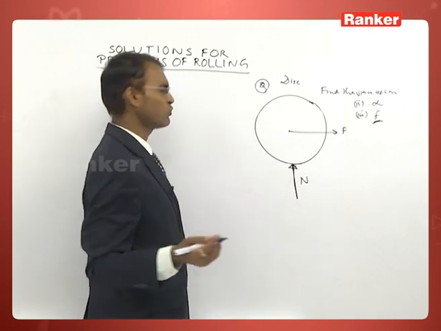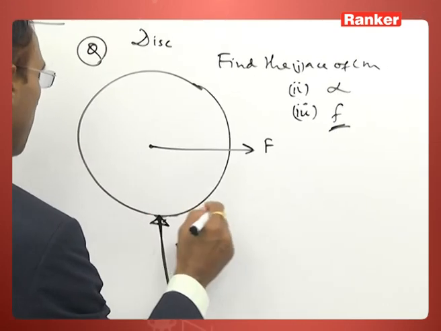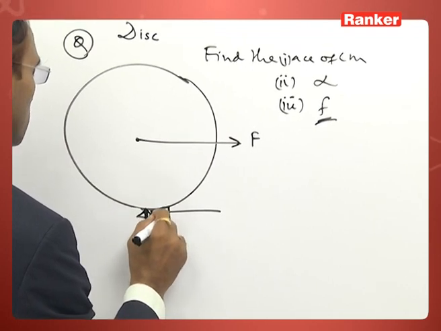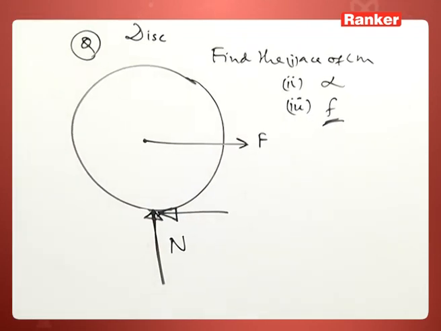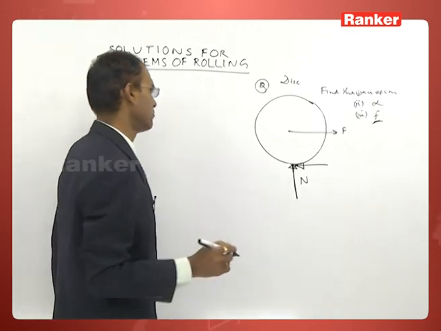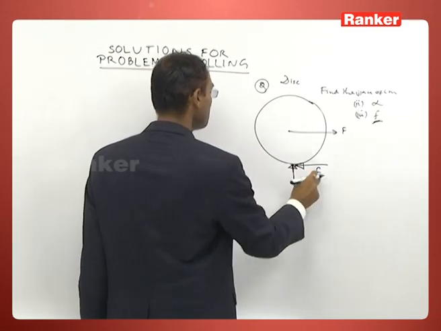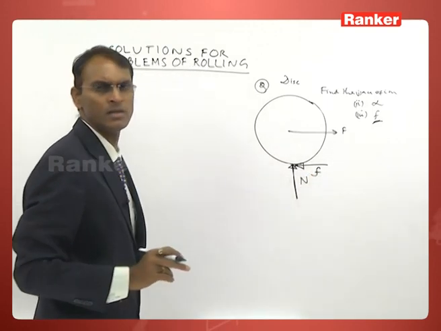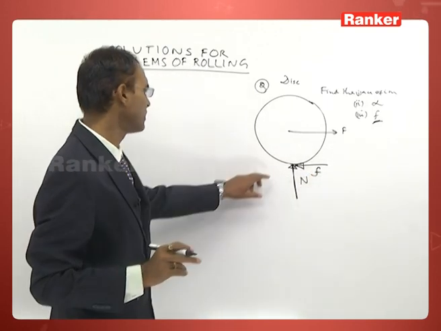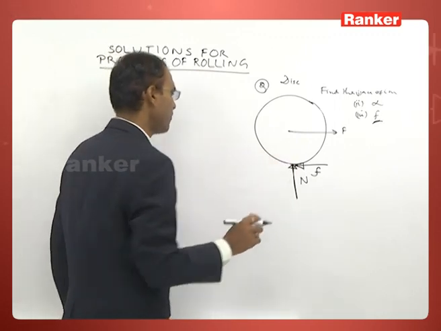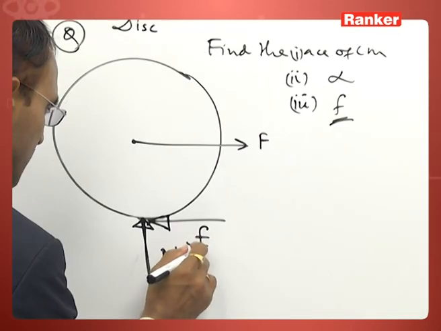And the frictional force, we do not know. It may be backward, it may be forward. When we are not sure about its direction, we have to assume the direction and magnitude, and this is the force of friction, the static force of friction, because for pure rolling there is no relative sliding. Therefore, we have to give a suffix s.